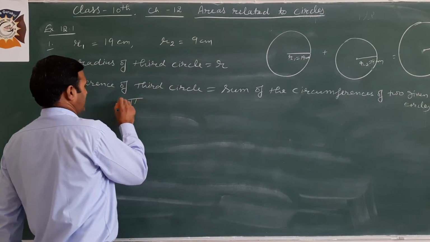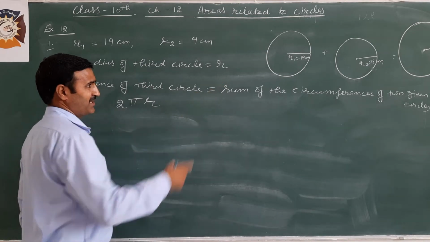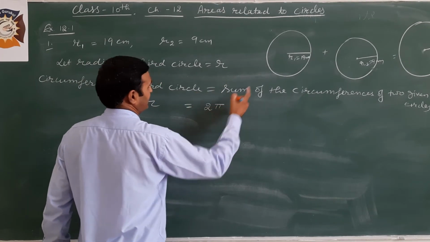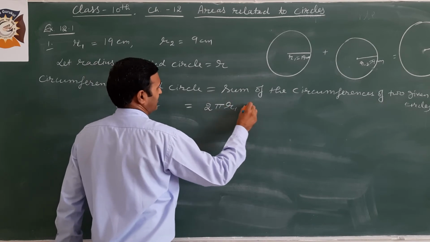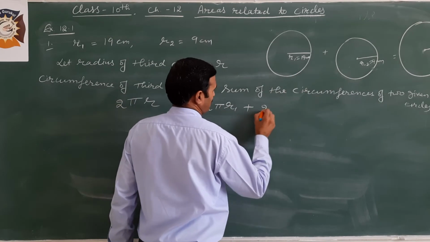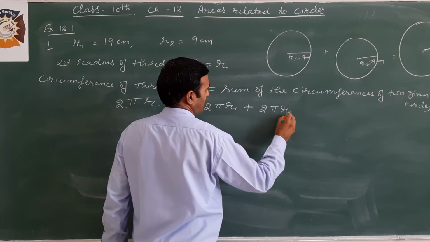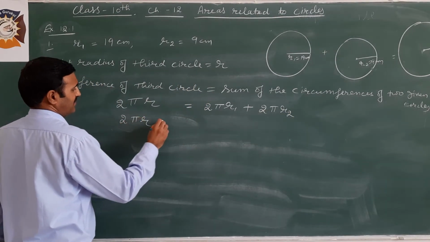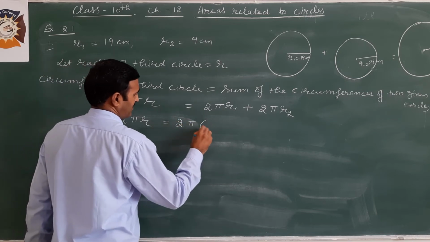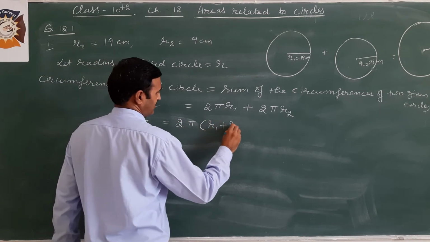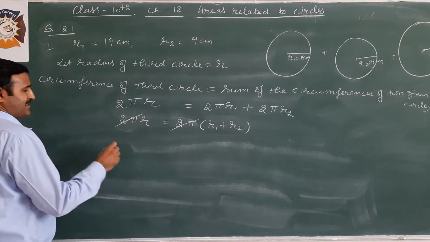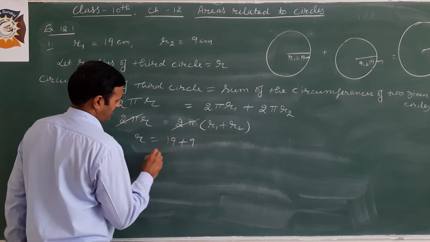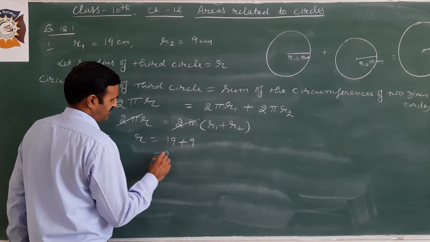The circumference of this third circle, because radius is r, that is 2 pi r, and of this circle 2 pi r1, and the second one 2 pi r2. 2 pi is common from the right side, 2 pi into r1 plus r2. 2 pi cancel out, so r is r1 plus r2, r1 is 19 and r2 is 9.